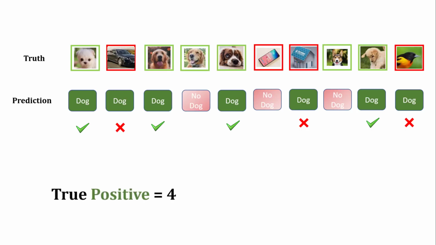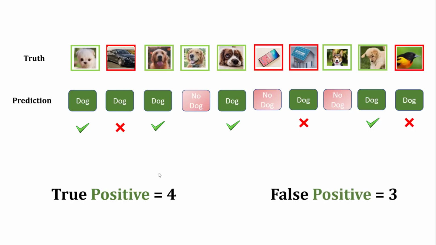Whichever predictions are correct here are called true positive. Here the second word, positive, means our positive class, which is in green, dog. Out of those positive predictions, how many of them are really true? When you identify them as true, you compare with reality. When we compared all this with reality, we found only 4 predictions were true for dog, and 3 were wrong.